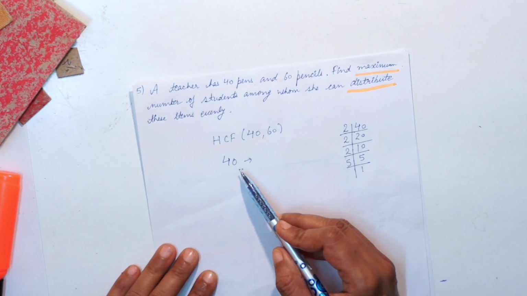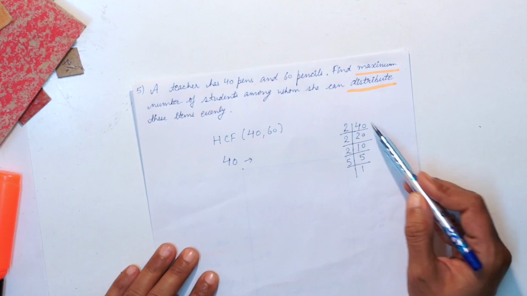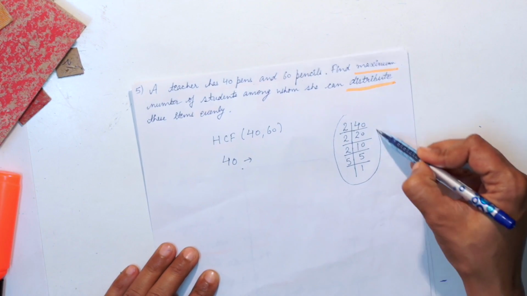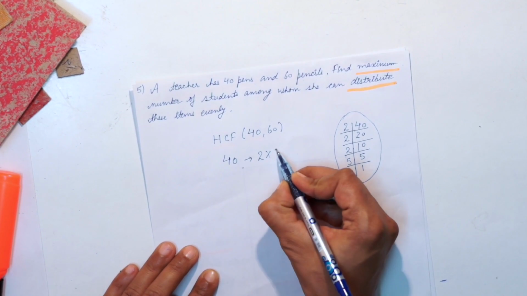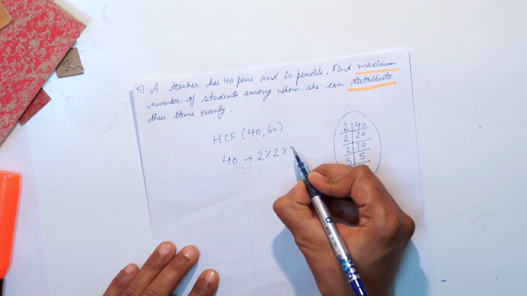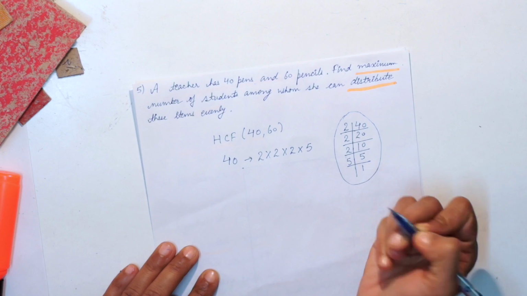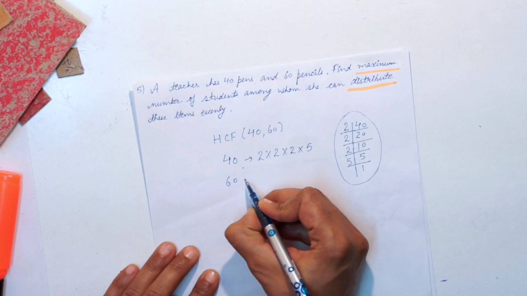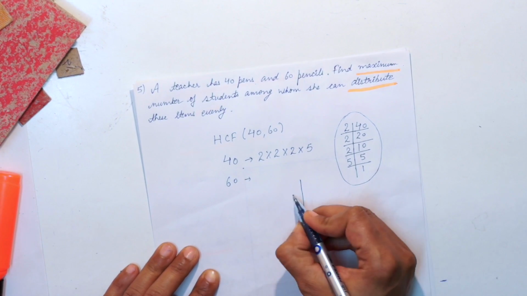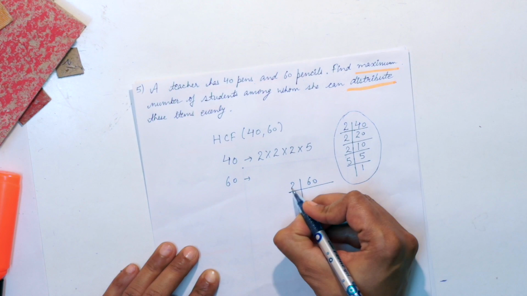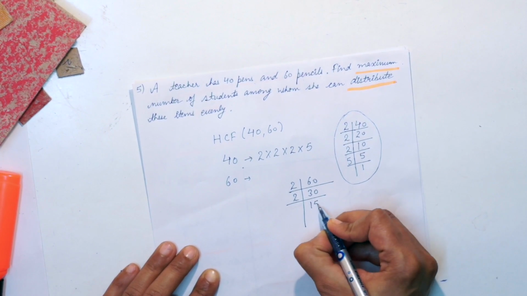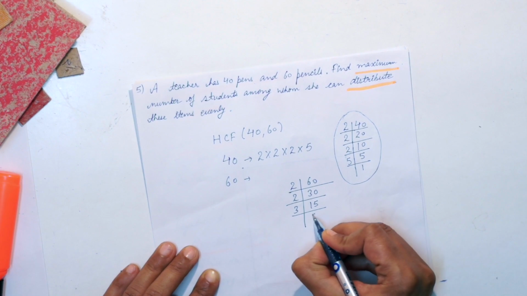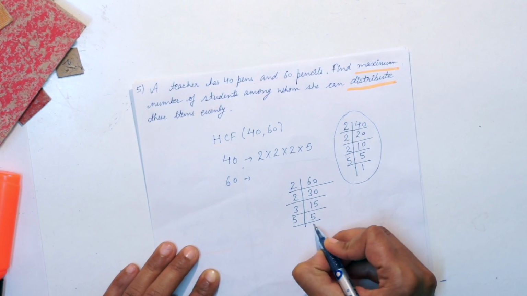So what are the factors of 40? By doing prime factorization of 40, I get the factors. 2 2s are 4, 4 2s are 8, 8 5s are 40. Then I have 60. Let's do factorization of 60. 2 30s are 60, 2 15s are 30, 3 5s are 15, 5 1s are 5.